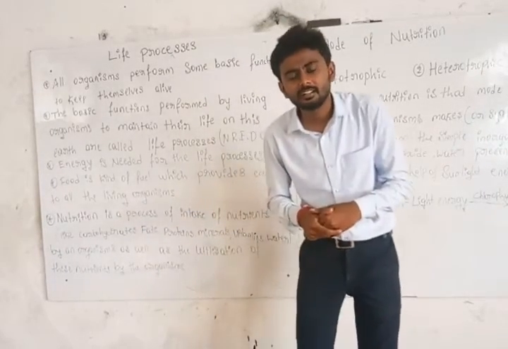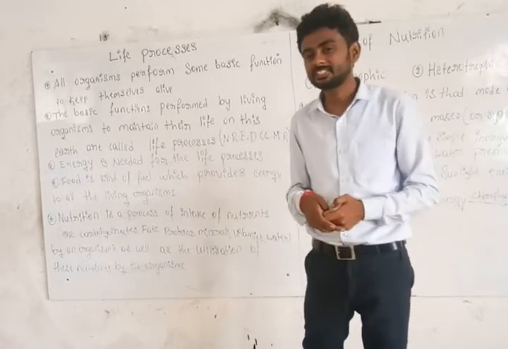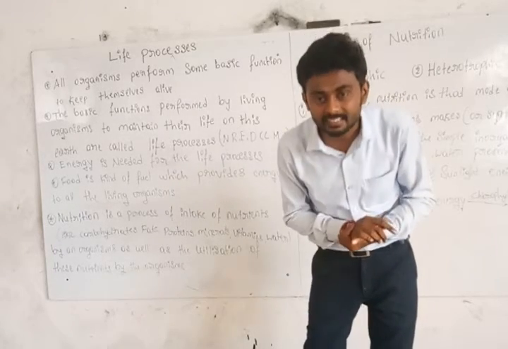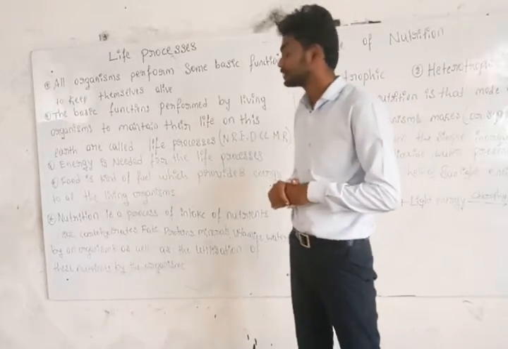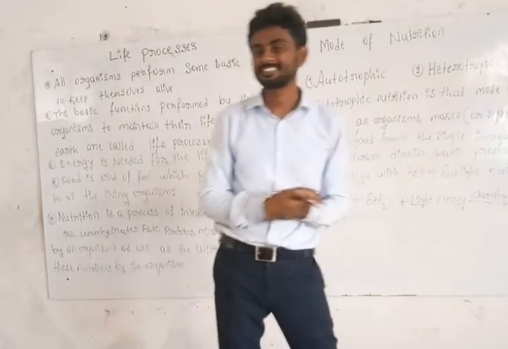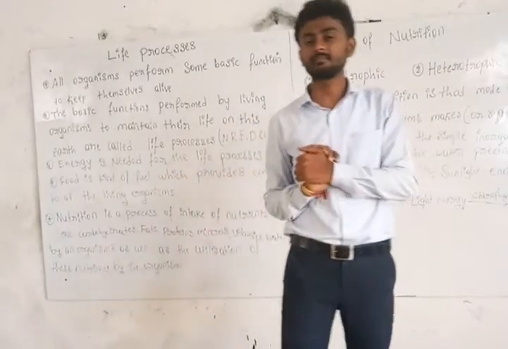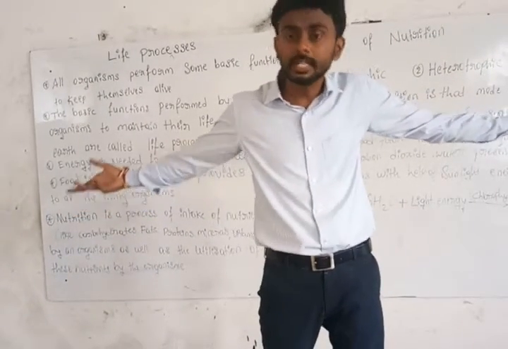Dear students, you can see in the earth system, the plant is the main source of food. So that's why the plants are called autotrophs. Almost all organisms depend on the plants directly or indirectly.